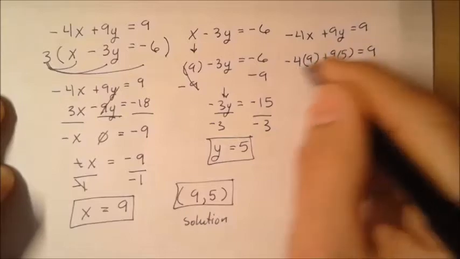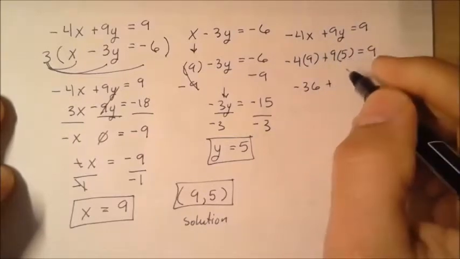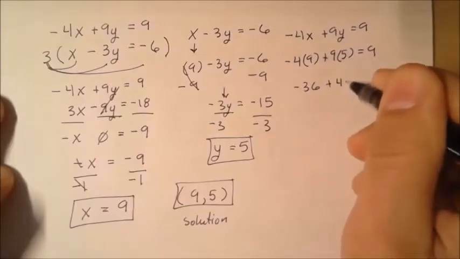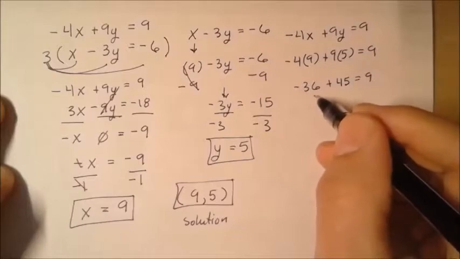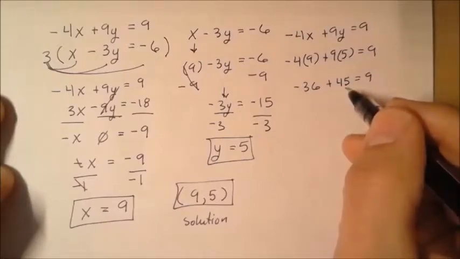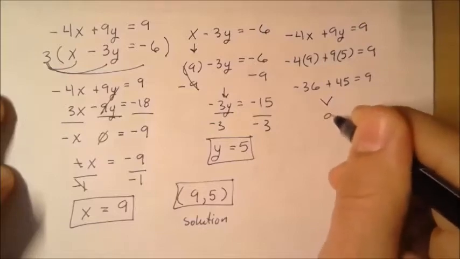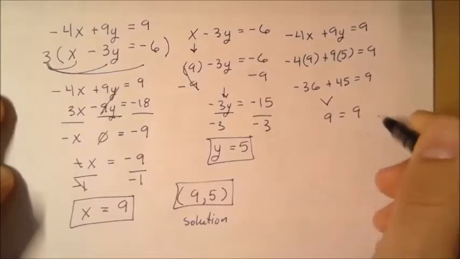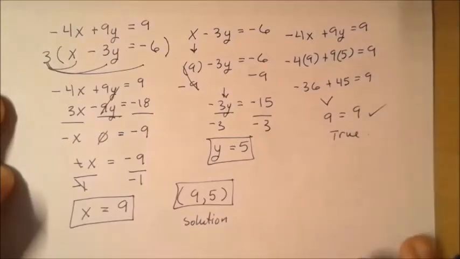So negative 4 times 9 is going to give me a negative 36. 9 times 5 is going to give me 45. If I take negative 36 and positive 45 and combine those two constants, I'm going to end up with 9 is equal to 9. And that's true. So far, we're looking good.